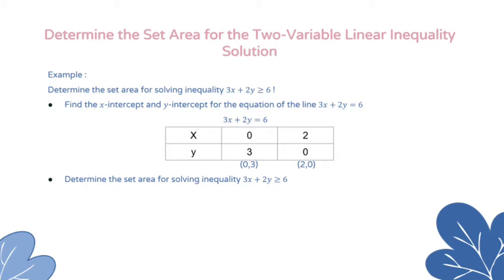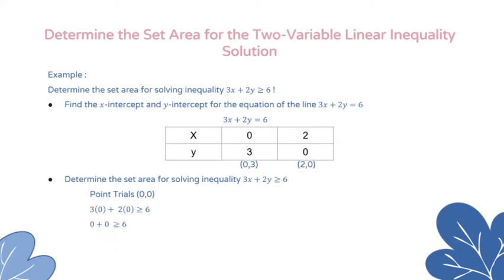Next, we determine the solution set area for the inequality 3x plus 2y greater than or equal to 6. We just use a test point. We test it with (0, 0), then substitute into the inequality: 3 times 0 plus 2 times 0 greater than or equal to 6.